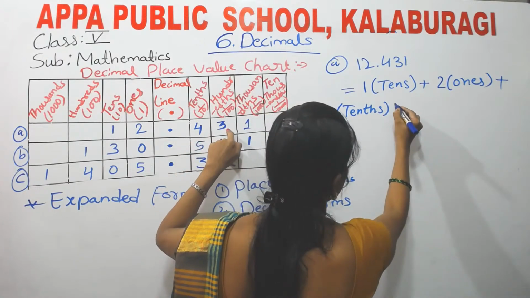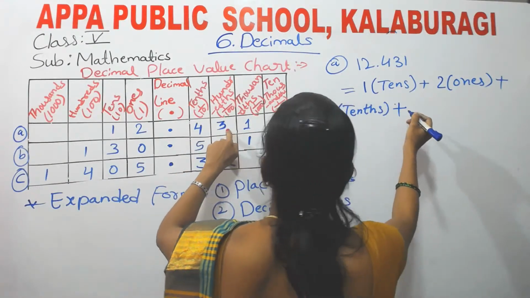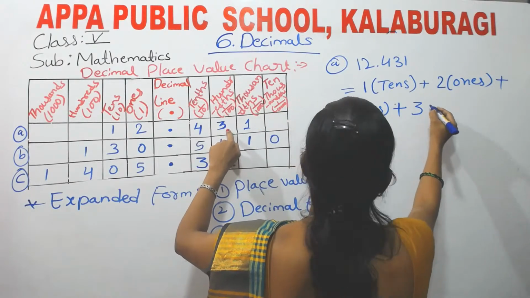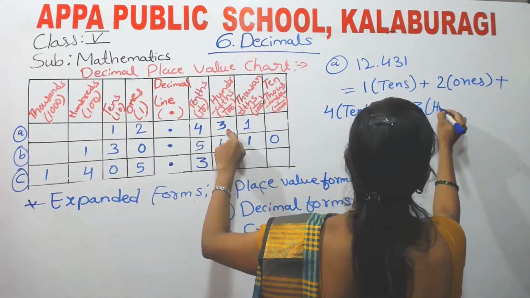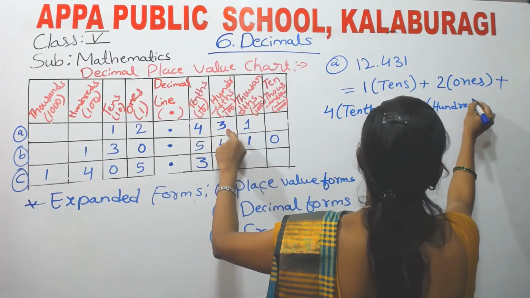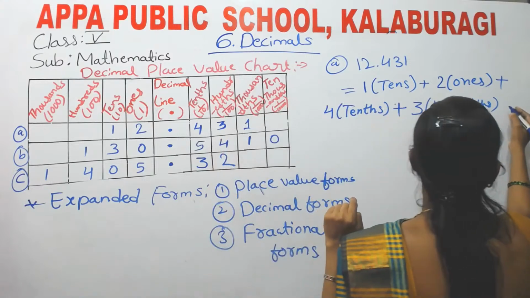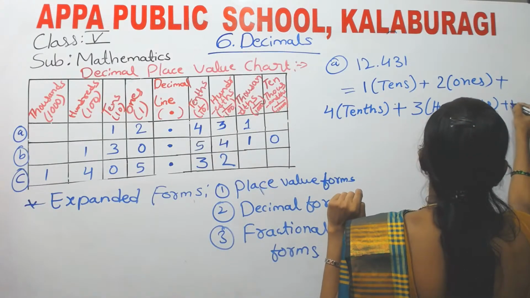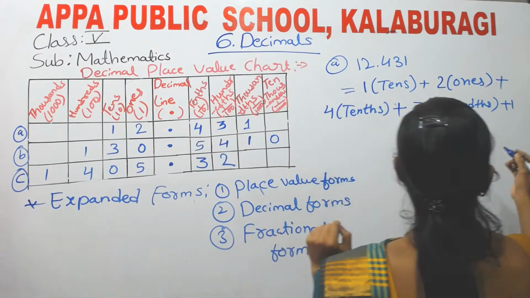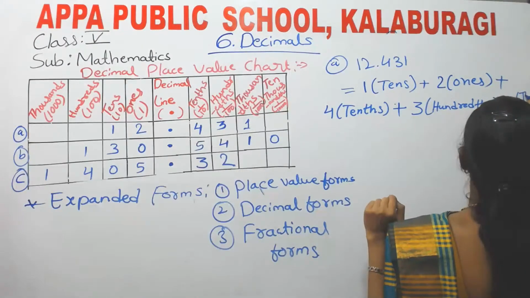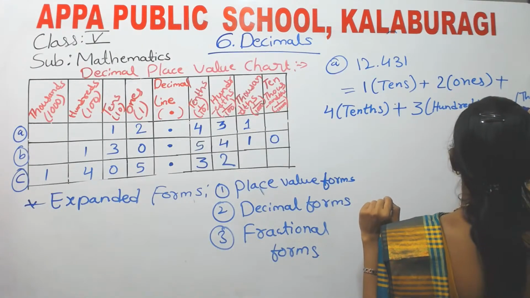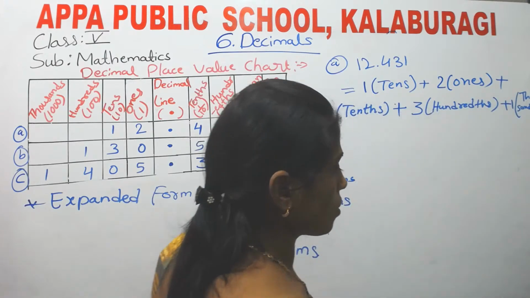Next, 3 is in hundreds place, and plus 1 is in thousands place.